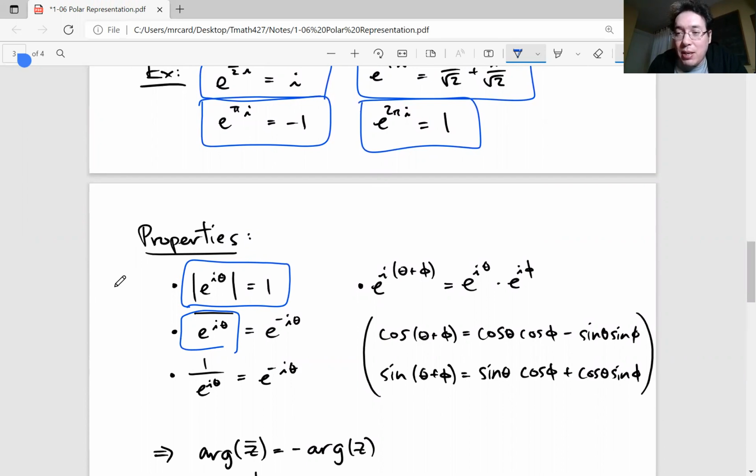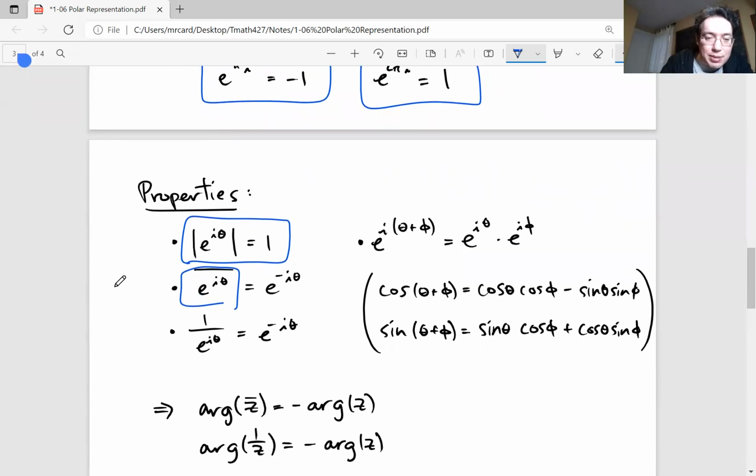The reason being, if you flip the angle theta across the real axis, getting an angle clockwise instead of counterclockwise is the same thing as negating the argument. So conjugate manifests itself as a negative exponent. That's nice to know. 1 over e to the i theta is going to be e to the negative i theta.